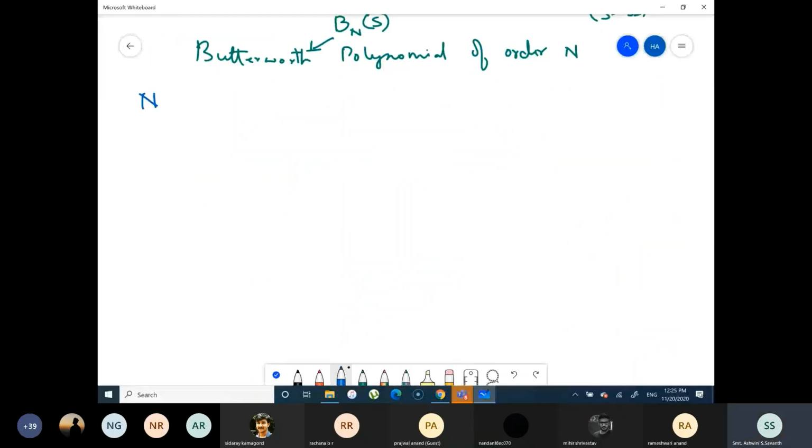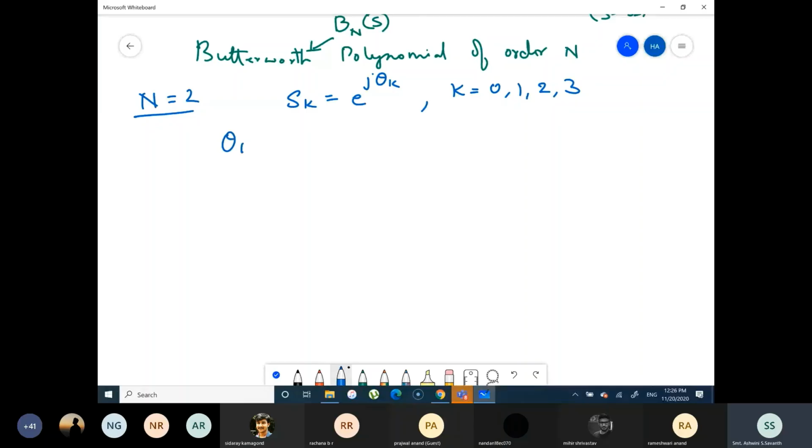For n equals 2, Sk equals e to the power j theta k, where k will be 0, 1, 2, 3, up to 2n minus 1. Second order, 4 poles will be there. So let us find theta k now.